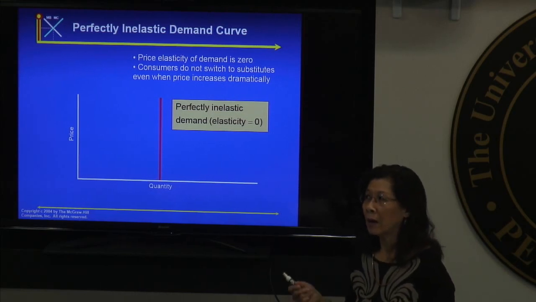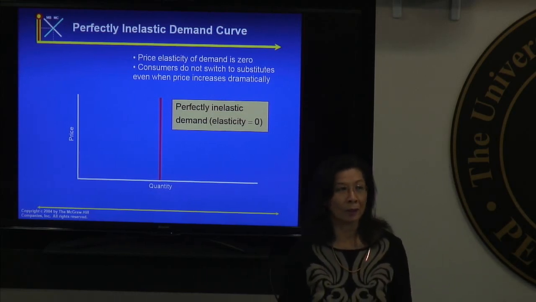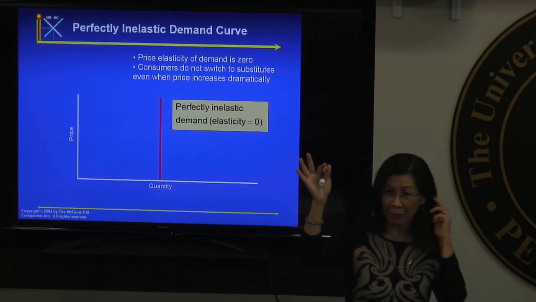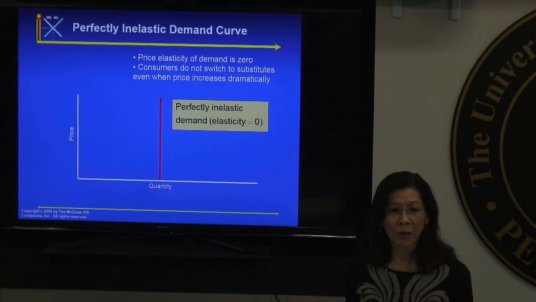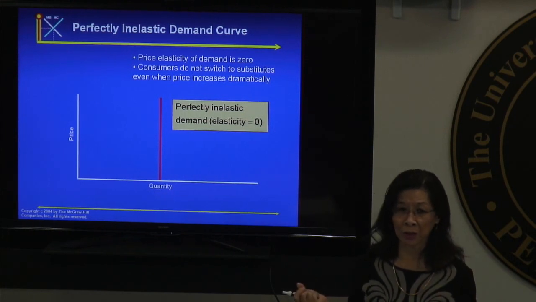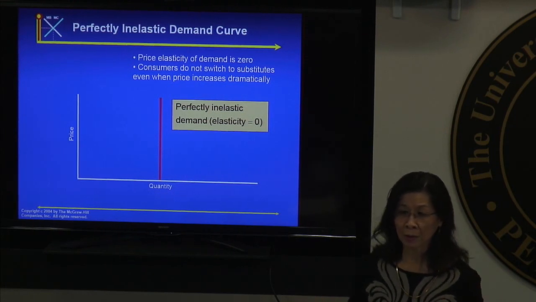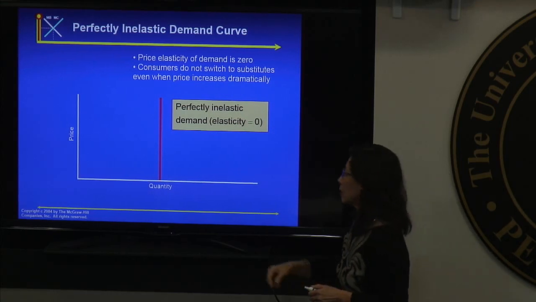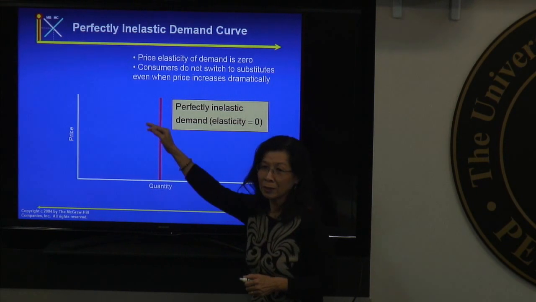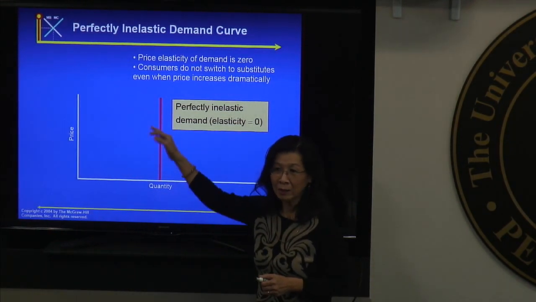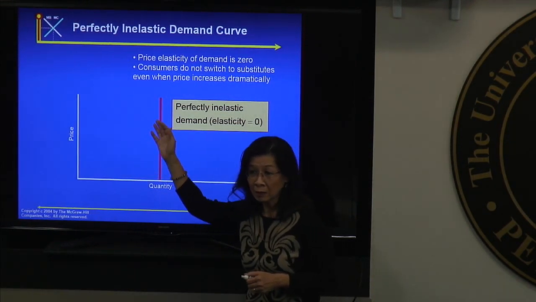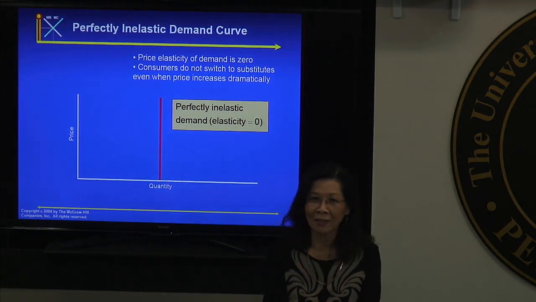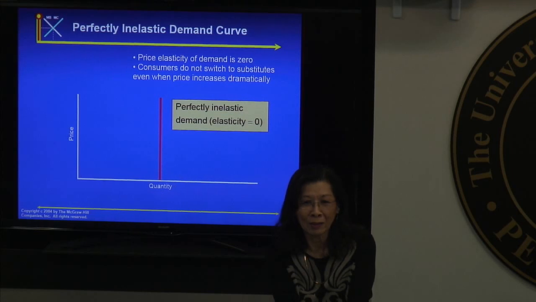Now, another example: how many of you know people who are diabetic? Okay, and you know that they have to take insulin injections. So prescription drugs are a necessity. No matter how much the price goes up, whether it's water or prescription drugs, these are examples of necessity.